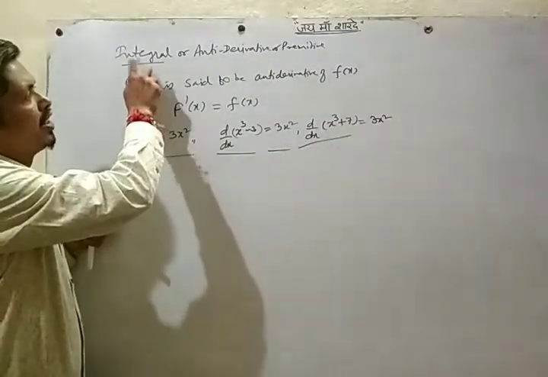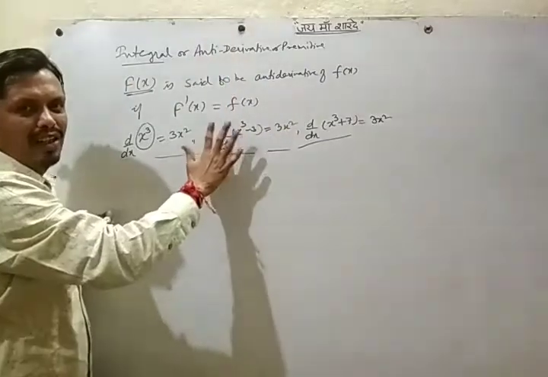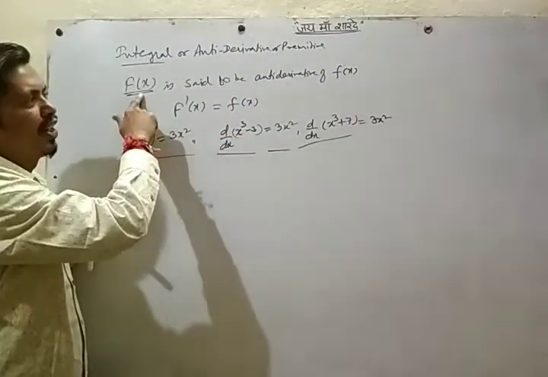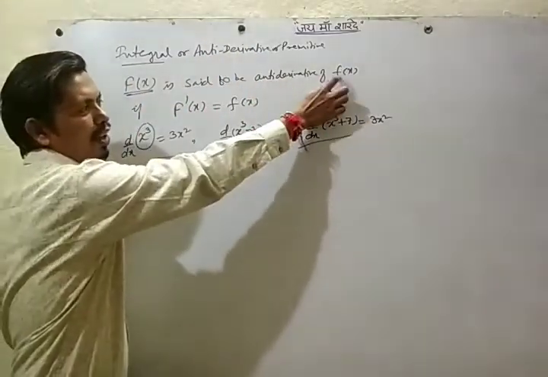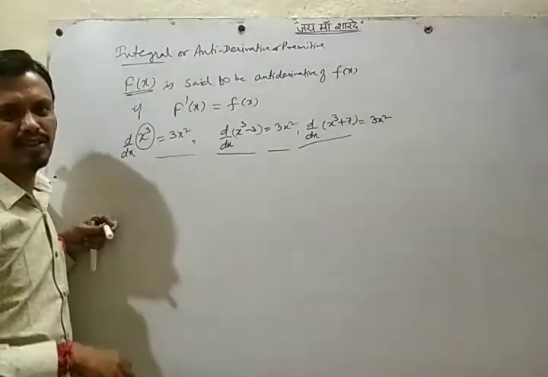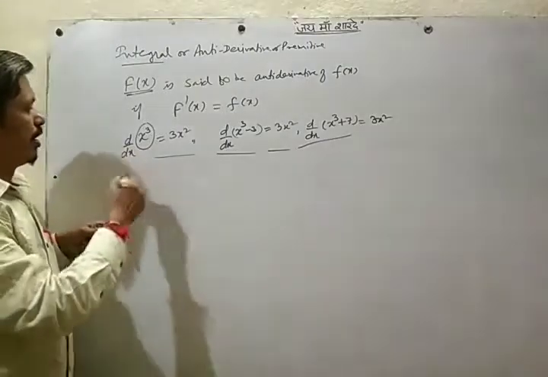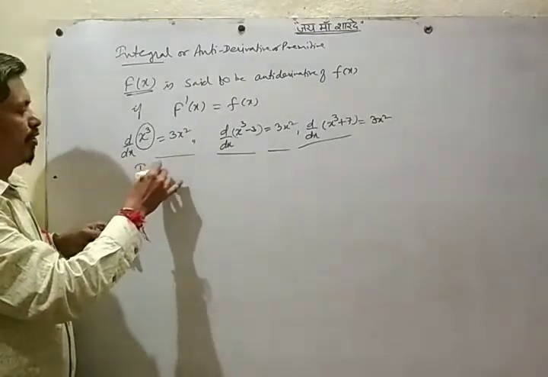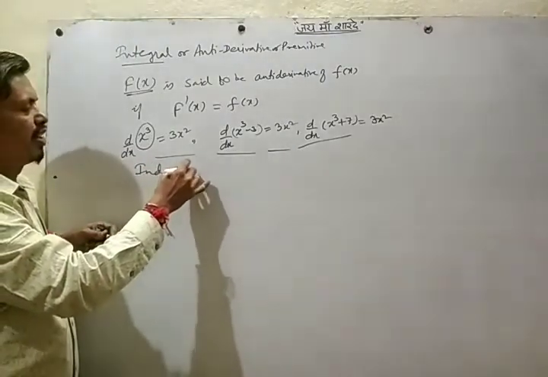So integral or antiderivatives. Clear? This function is said to be antiderivative of small f of x if its derivative is small f of x. Clear? Now, indefinite integral. What is indefinite integral?